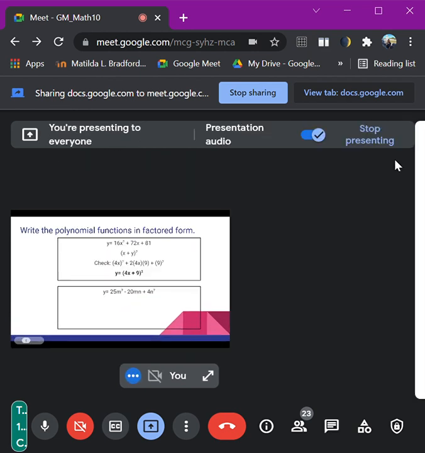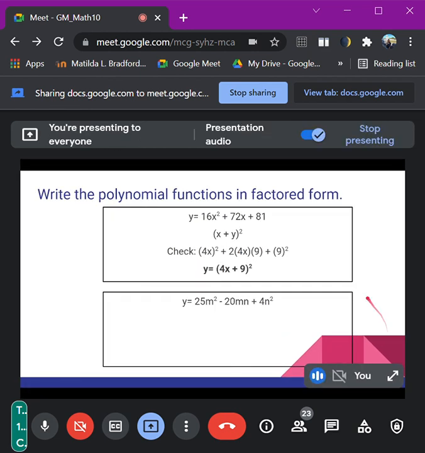Okay, so it's the same as what we did earlier, but this time it is x minus y squared because the middle term is negative. Same process: your x is the first term, so you take its square root, and then the last term, you also take its square root.